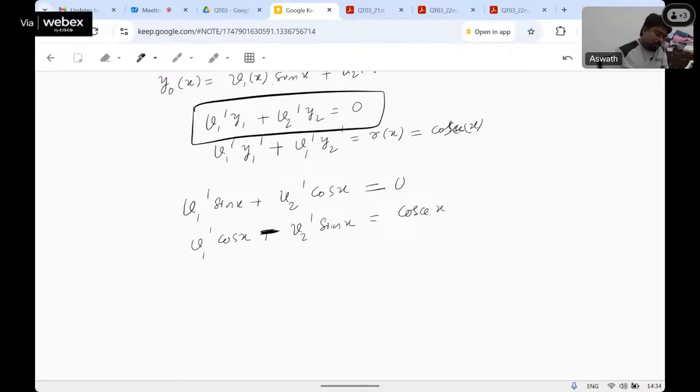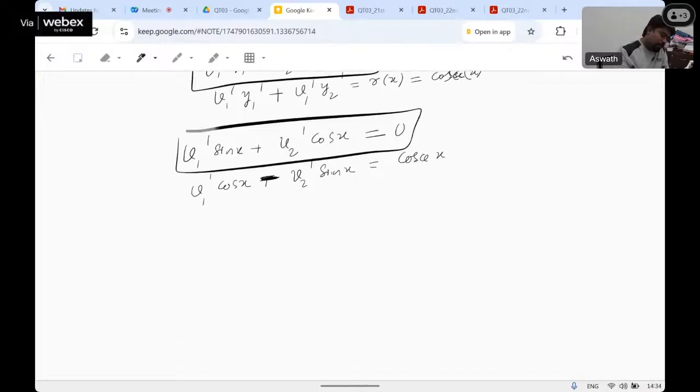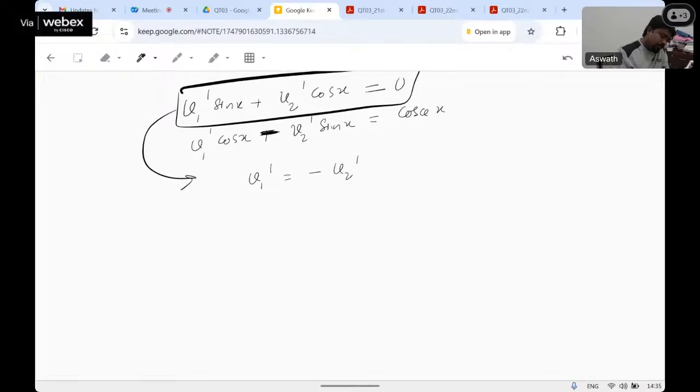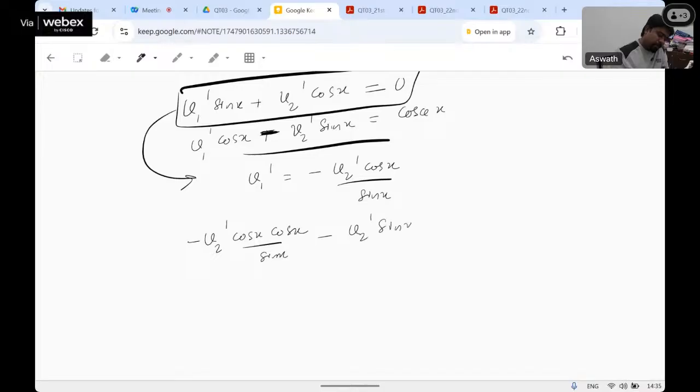So from here, let's find v1'. v1' is minus v2' cos x divided by sin x. In place of v1', let me substitute in the second equation: minus v2' cos x divided by sin x, times cos x, minus v2' sin x is equal to 1 by sin x.